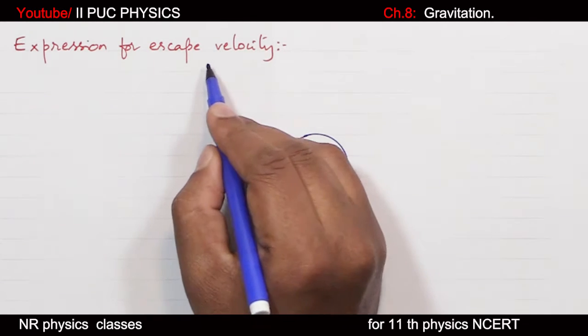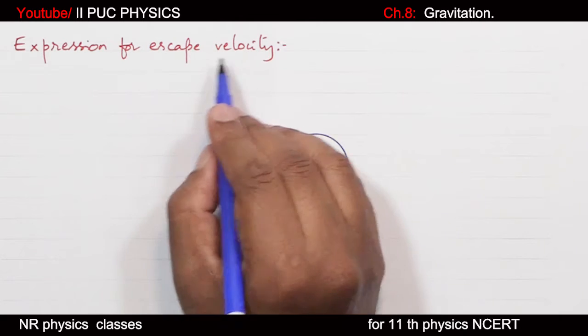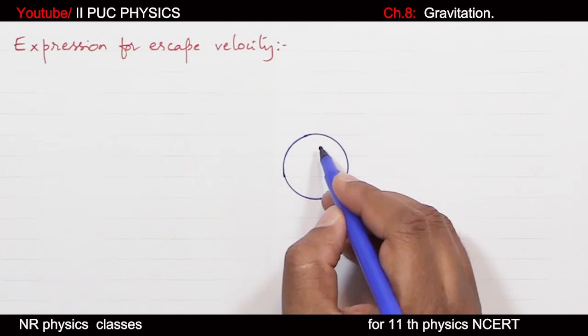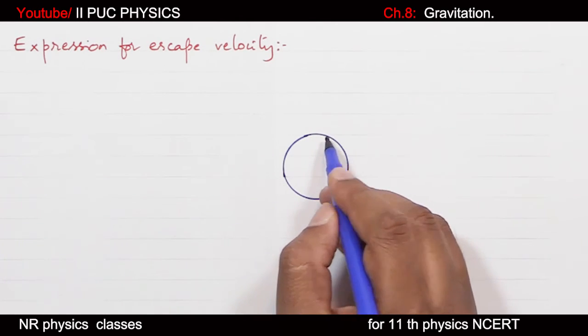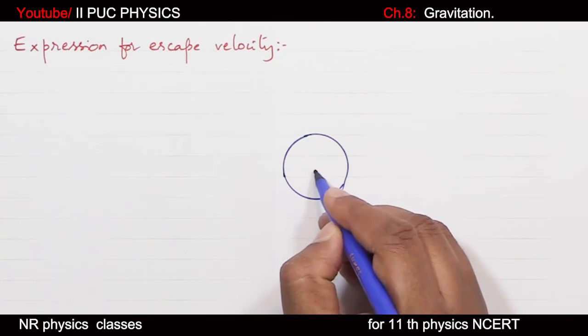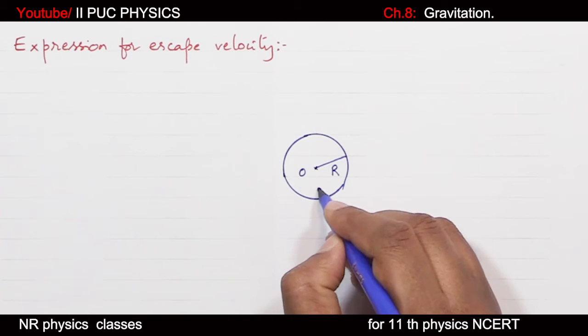Expression for escape velocity. Escape velocity of a satellite, of a spaceship, of an object from the gravitational pull. That is the meaning. If this is Earth, center of the Earth, mean radius, mass of the Earth.